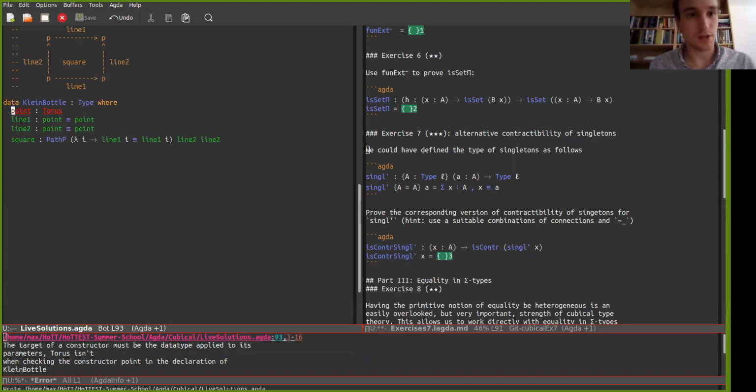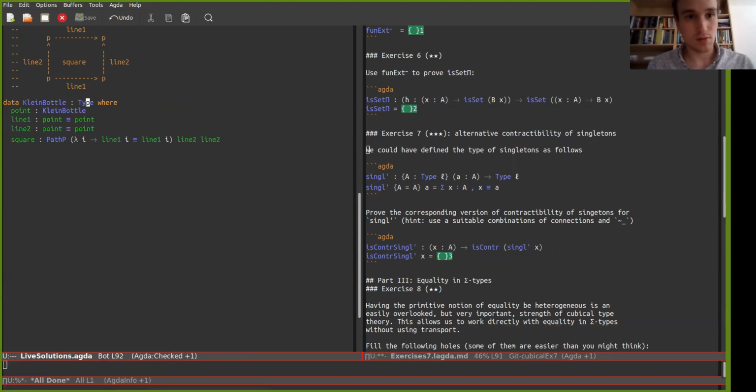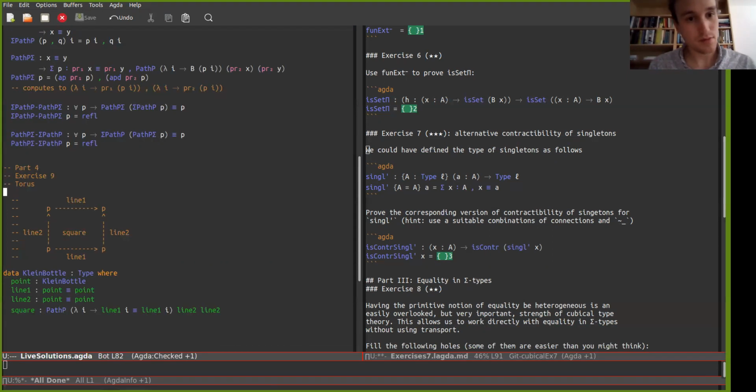This is of course not correct. Right. So we have our point P in the torus, and then yeah, okay.